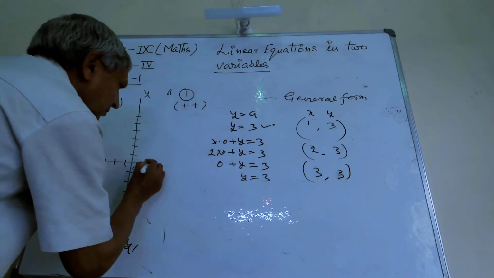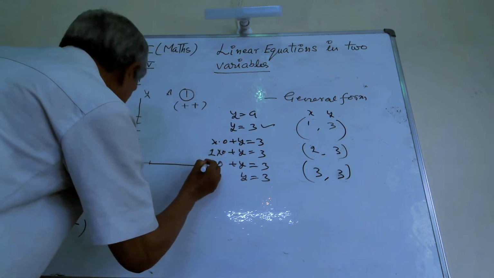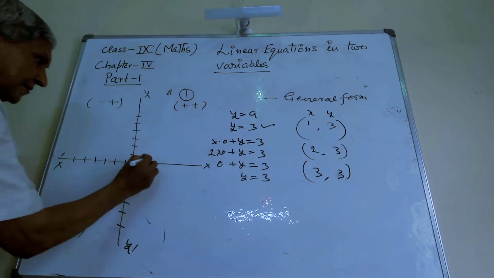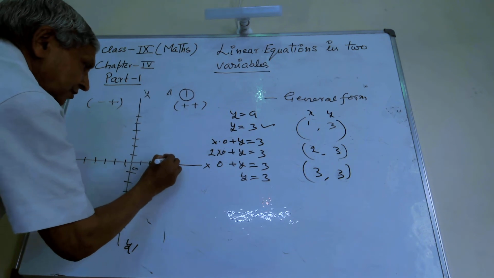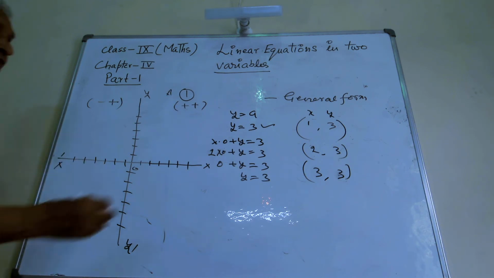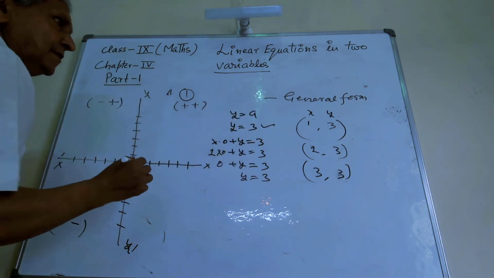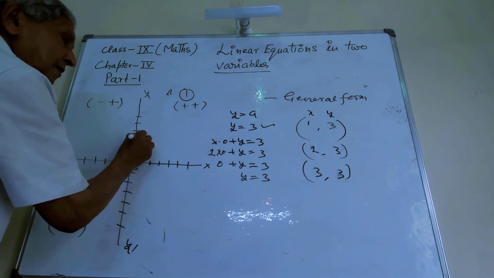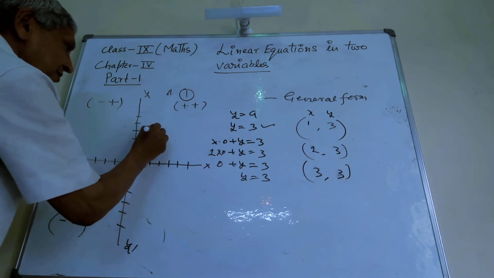Now again plot these points. This is XOX dash and YOY dash, marked 1, 2, 3, 4, 5, 6. Now plot these points in this graph. X is 1, y is equal to 3. This is the point (1, 3).